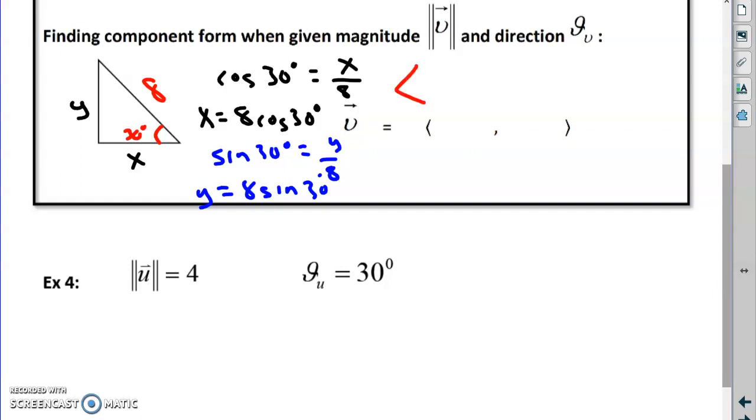The x-coordinate is equal to magnitude cosine, and the y-coordinate is magnitude sine.